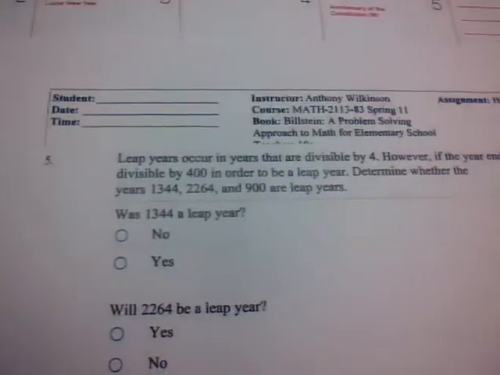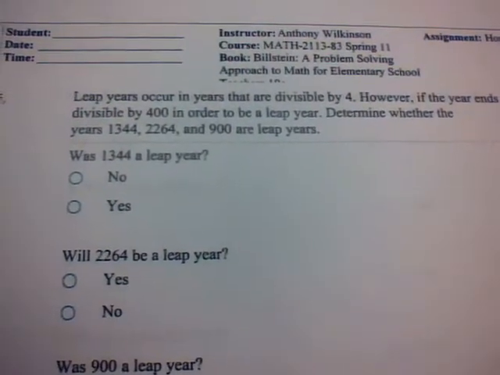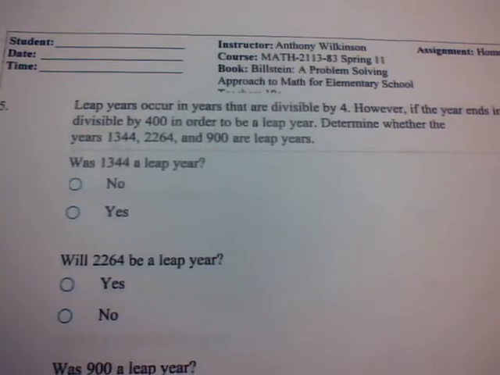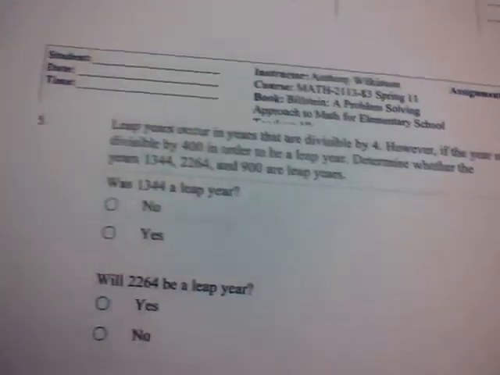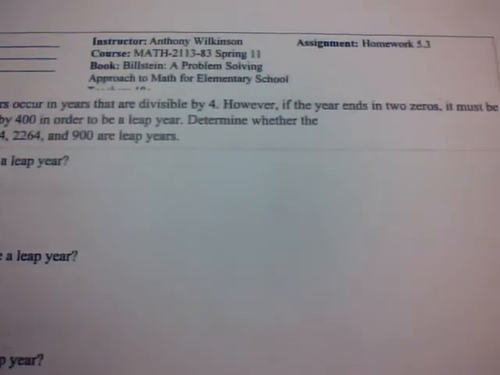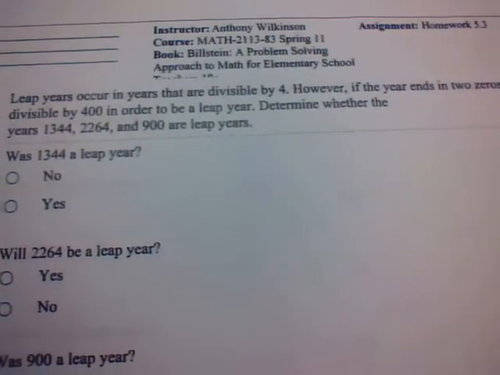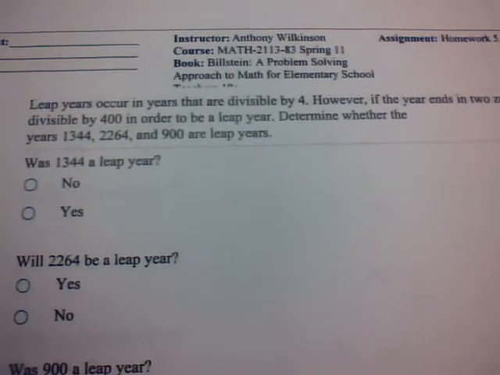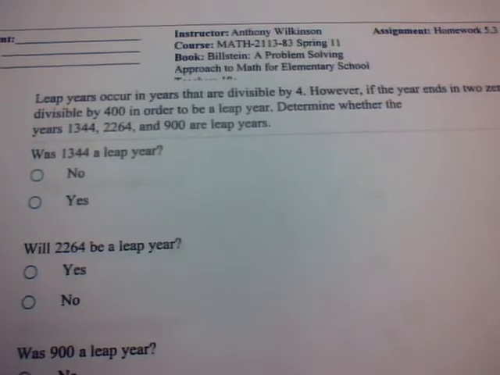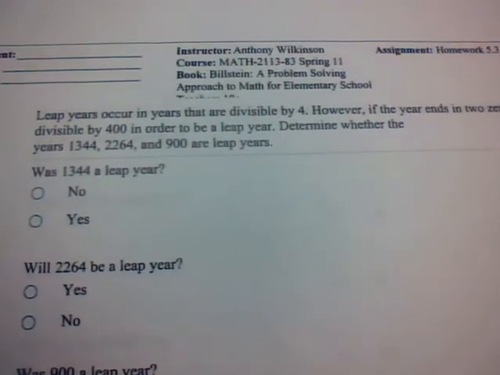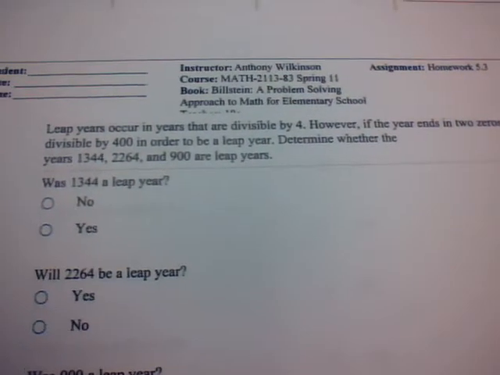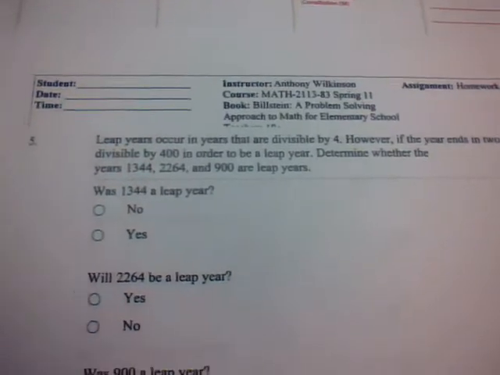Okay. Problem number 5. It says here leap years occur in years that are divisible by 4. However, if the year ends in 2 zeros, it must be divisible by 400 in order to be a leap year. Determine whether the years 1344, 2264, and 900 are leap years.